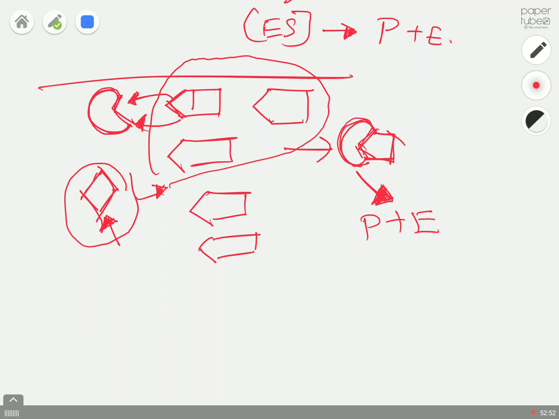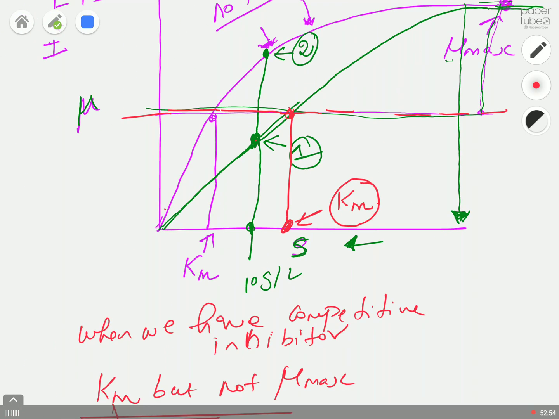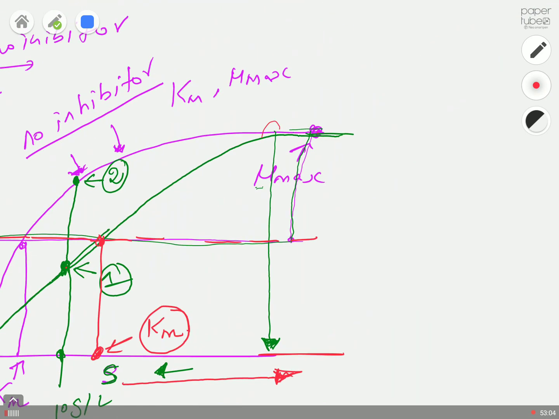That's why, if you go back to this graph, what you see is that when your substrate concentration is increasing, and eventually when it's very very high, your mu max value, which is here, just follow the reading, is not affected by the presence of inhibitor. When your substrate concentration is high, your initial velocity will reach the mu max, and it will not be influenced by your inhibitor.